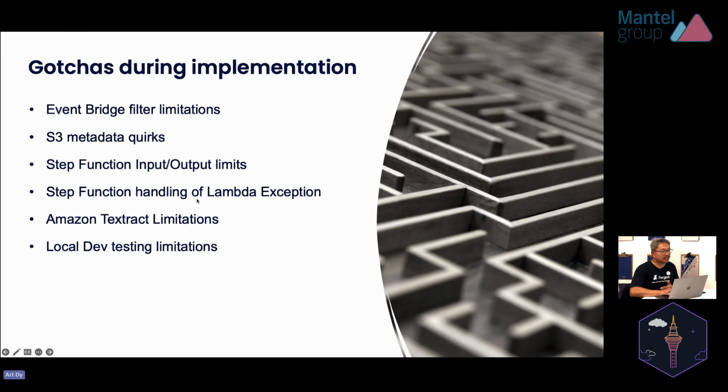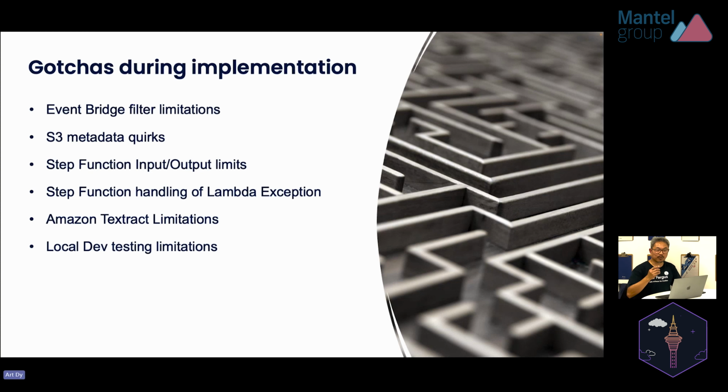The next one is the step function handling of exceptions. We found out that from the lambda you can do an HTTP reply like 200, 404, 400, or 500, but the step function doesn't really recognize those HTTP status codes.